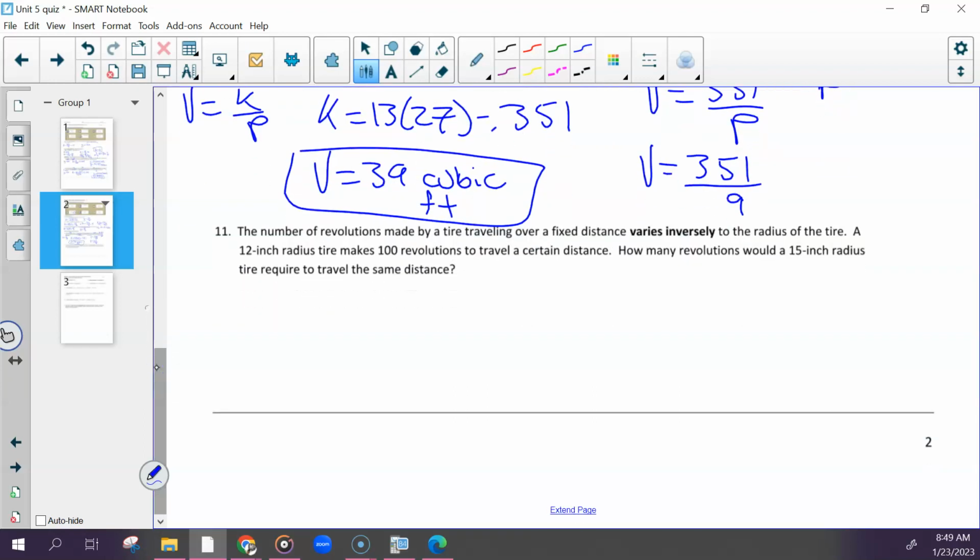Then the last one, you needed to define your own variables first. So number of revolutions would be your y or whatever variable you use. And radius would be x. So your equation would be y equals k over x. Then the numbers they give us, the 12-inch is your x, the 100 is your y. Multiply those to find your k.